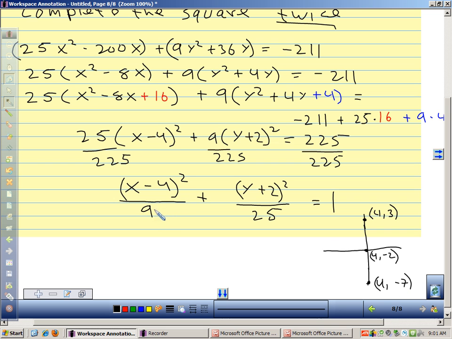B is 3, so I would go left or right 3 units here. So this would be 1, negative 2, since 4 minus 3 is 1, and this would be 7, negative 2. And my ellipse would look like that. Not a beautiful sketch, but you get the idea.